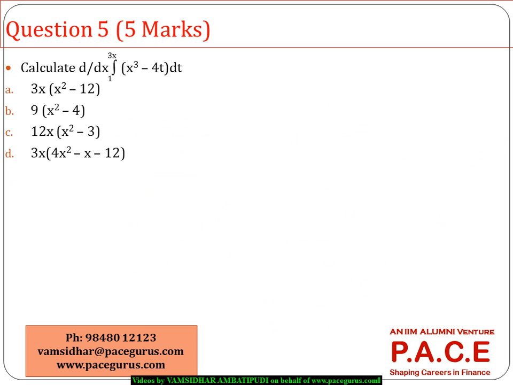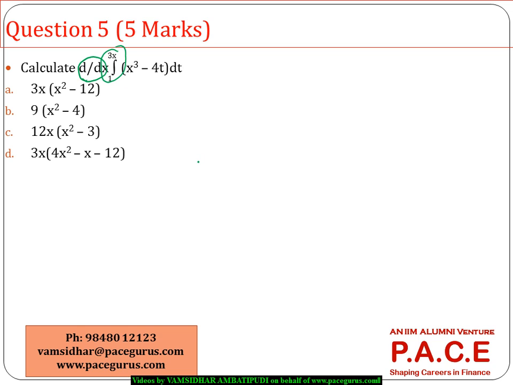Calculate d by dx of the integration between 1 to 3x of (x cube minus 4t) dt. This is a kind of form where there is a derivative as well as an integral.